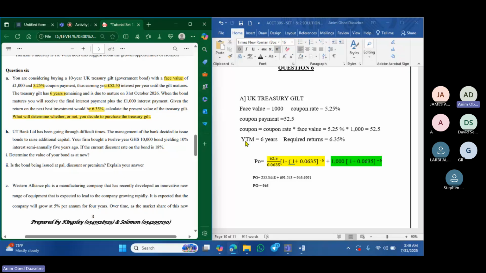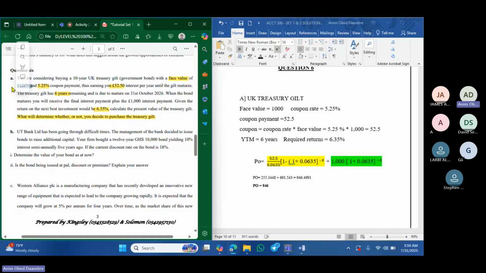Know that a bond is traded at par. So if the par, which is the future value, is 1,000 euro, that's the face value, it is traded at 1,000.